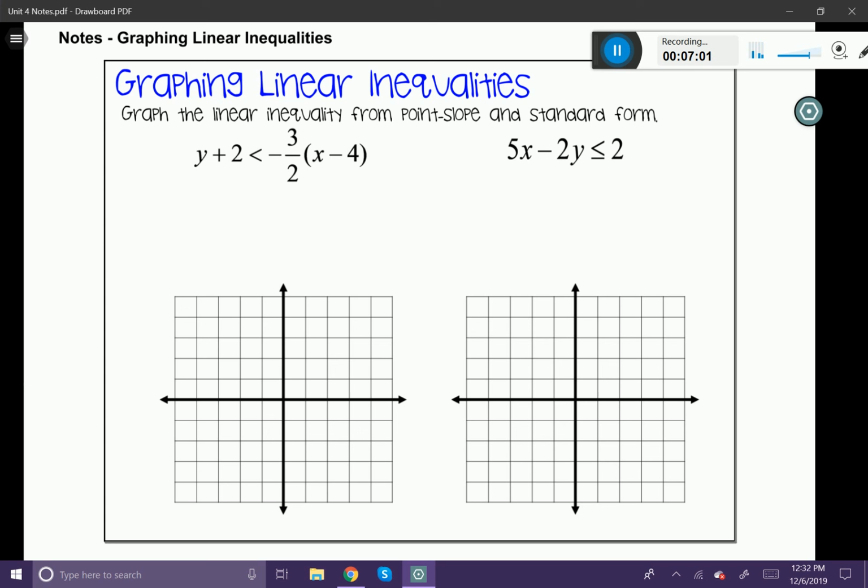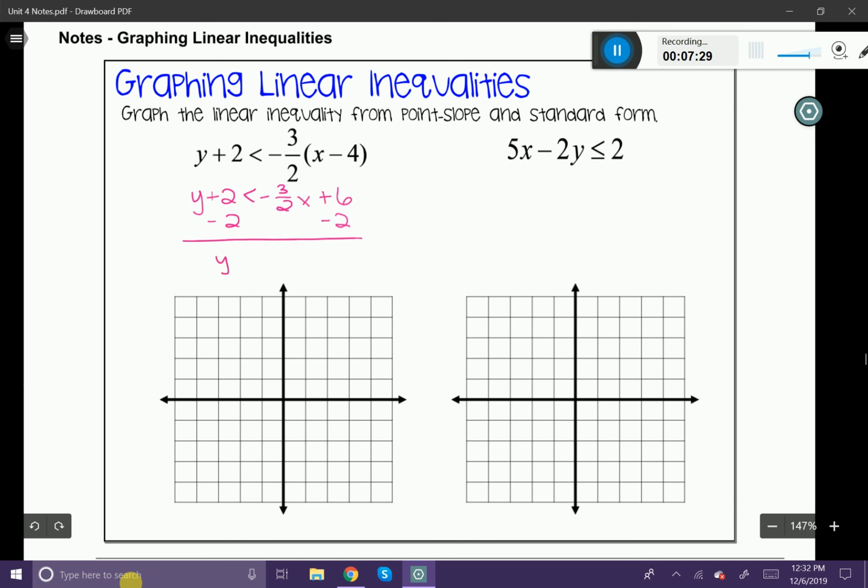So what I'm going to do is I'll distribute. I think that sounds like a good way to go. So I'm going to put this into slope-intercept form. Now I'm going to subtract the 2 as well. I'm getting closer to slope-intercept form.